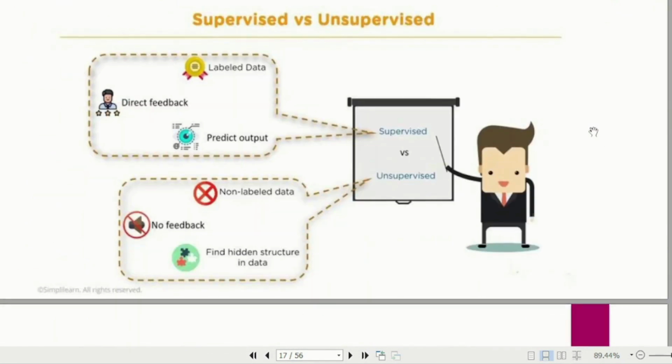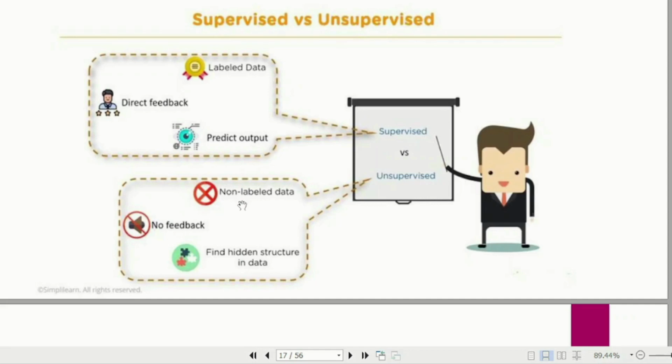Now the versus, or you can say the difference between the two types, supervised and unsupervised. In short, supervised is labeled data. It has direct feedback and predicts outputs, so the outputs are already known in supervised. Number two is unsupervised. It is not labeled. The machine doesn't know about the data.